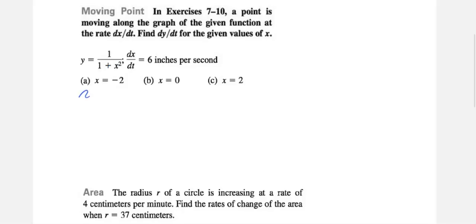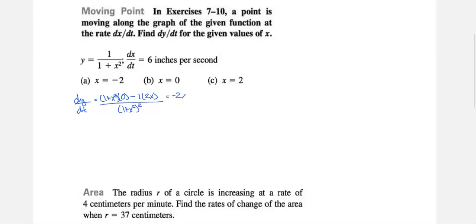So we're going to take the derivative with respect to time. When I take the derivative of y, I'm going to show I took that derivative with respect to time by writing dy over dt. When I take this derivative, it's a quotient rule, so it's bottom times derivative of the top, which is 0, minus top times derivative of the bottom, all over the bottom squared.